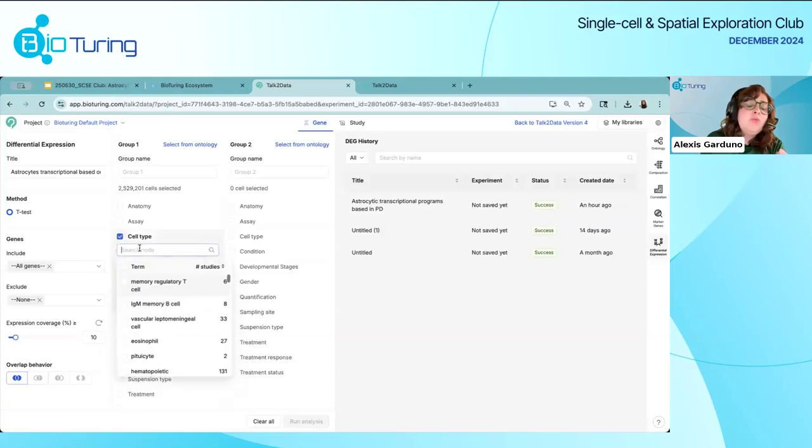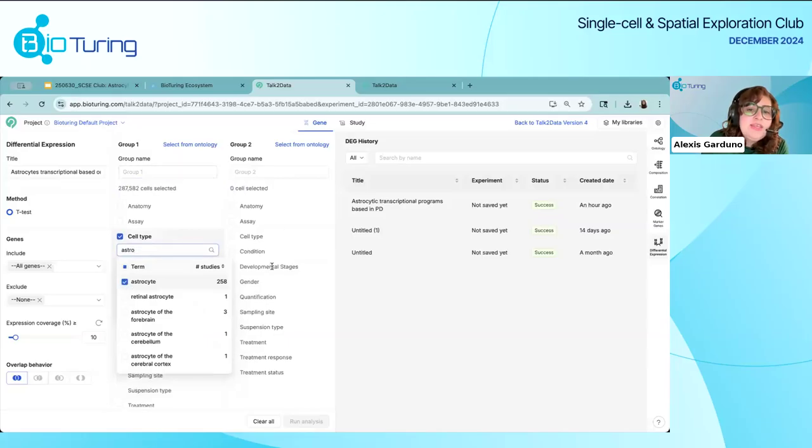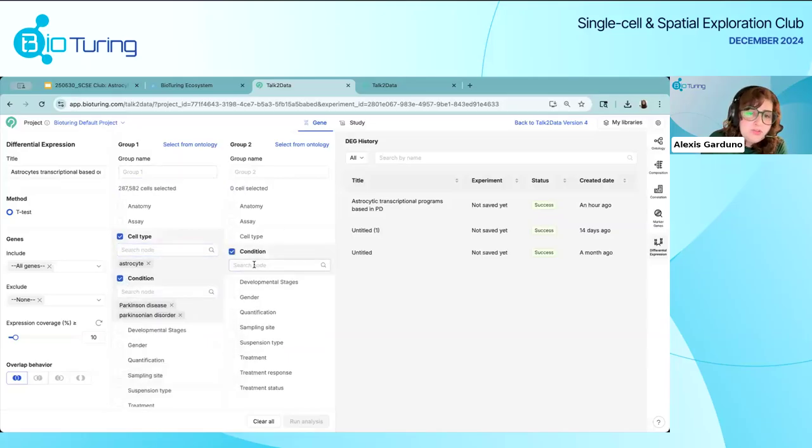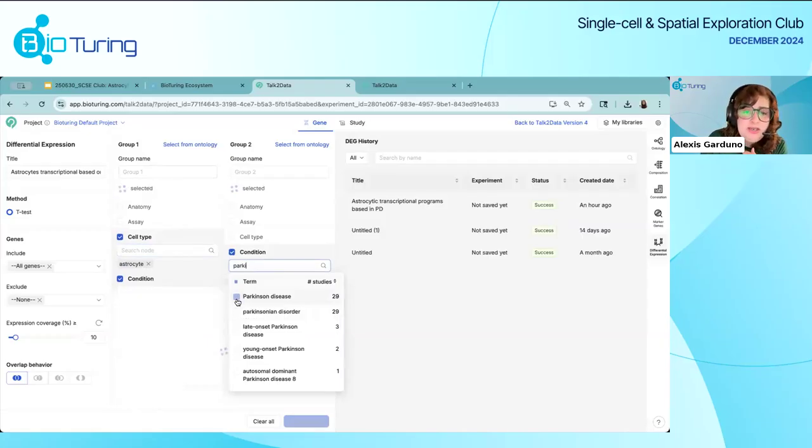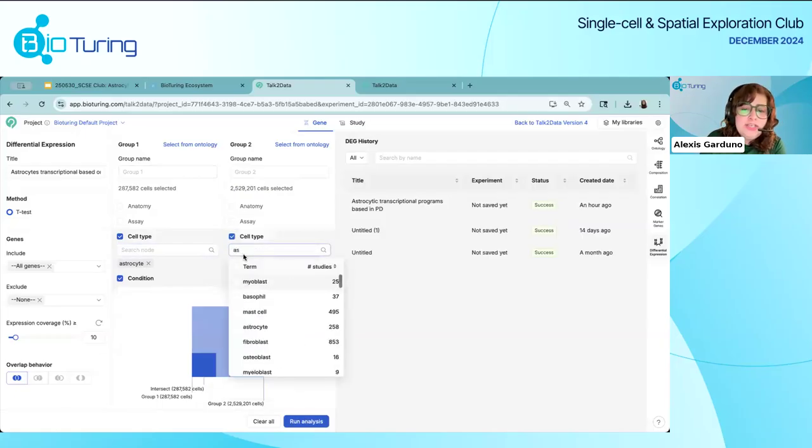Again, we only want to look at transcriptional programs of astrocytes within PD, so we'll add this astrocyte filter, and this will be the same on both groups because we are trying to compare Parkinson's disease and only astrocytes, but it will differ on the actual brain region that we want to look at specifically. So we'll add the Parkinson's in group 2 and also astrocytes.